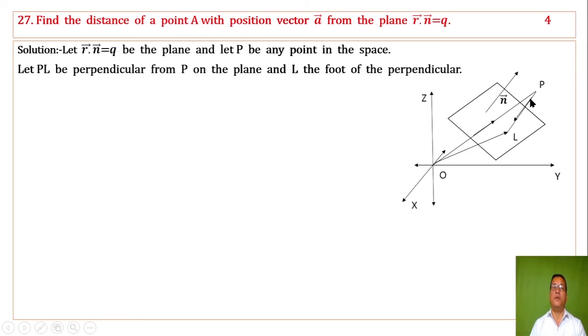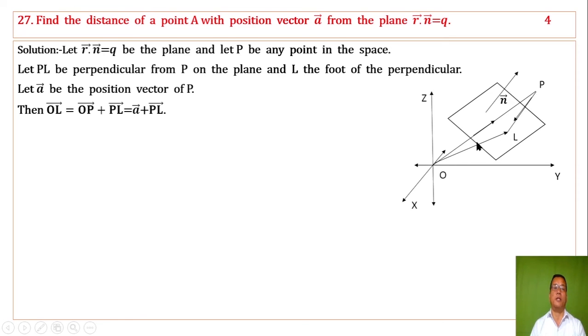Let PL be the perpendicular from P on the plane and L the foot of the perpendicular. Let a vector be the position vector of the point P. Then OL is equal to OP vector plus PL vector. OP is replaced by a vector, PL remains unchanged.